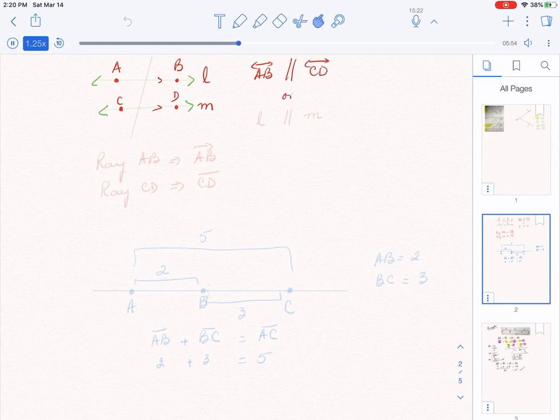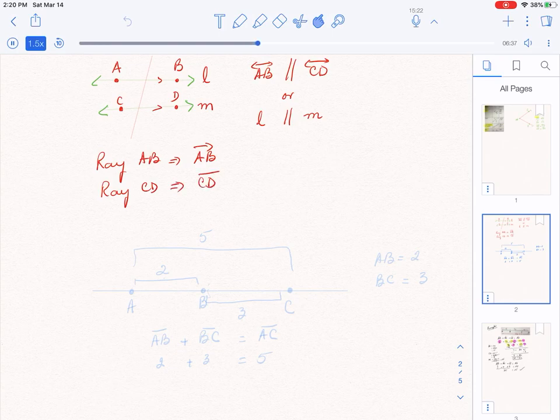Or I can say line L is also parallel to line M. If you have a lowercase letter, it's also representing a line. Or you can say line BA is parallel to line DC. Or in this case, you can also say ray AB, meaning it goes as ray AB, is parallel to ray CD.